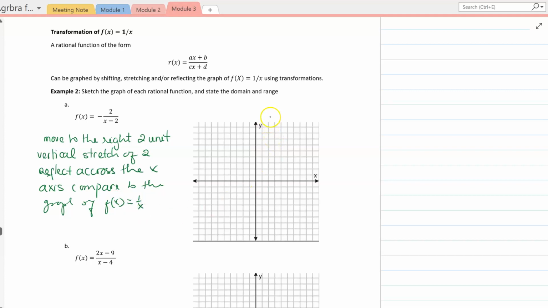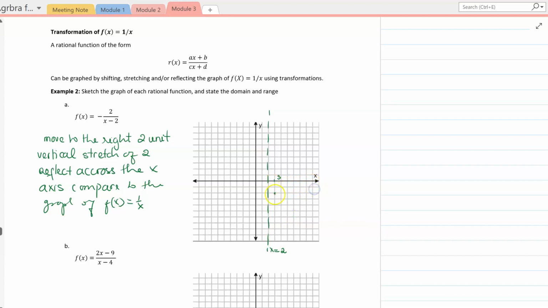So now the vertical asymptote becomes x equals 2. It's stretched by a factor of 2, and also reflected across the x-axis. This means when x equals 3, y equals negative a half, and the shape of the graph is going to be like this, right?